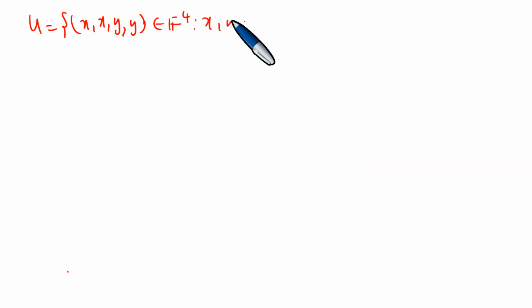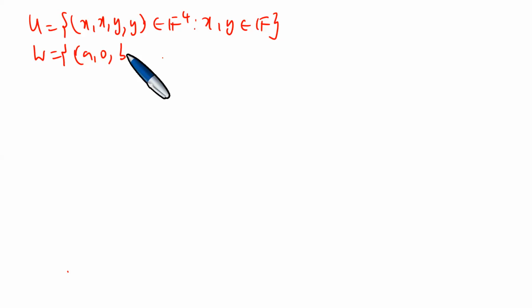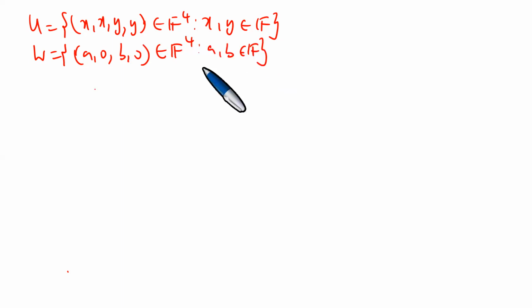So you have these ones here, they're actually field elements, but we agree therefore that the W we suggested is of the form a, 0, b, 0. The a and the b here are field elements, and we have W like that.